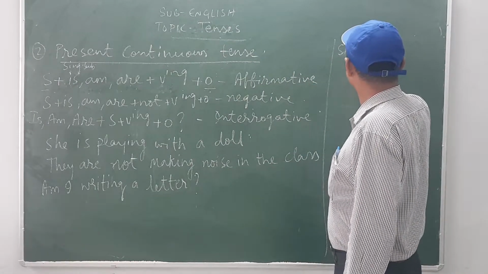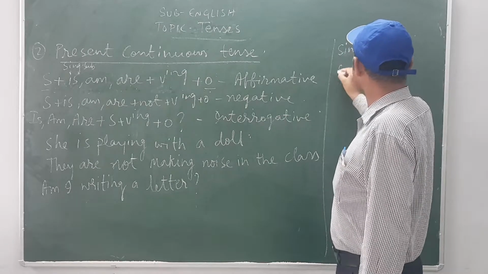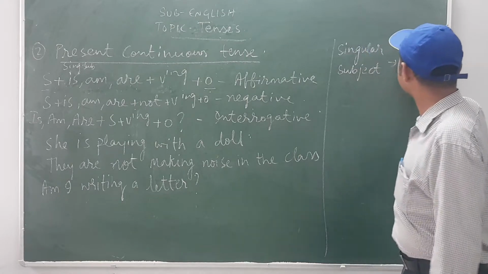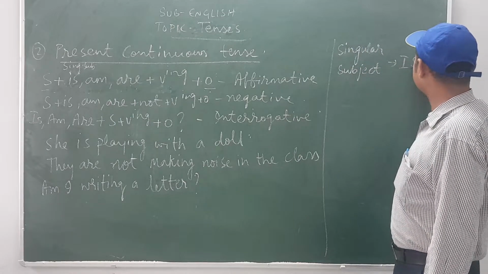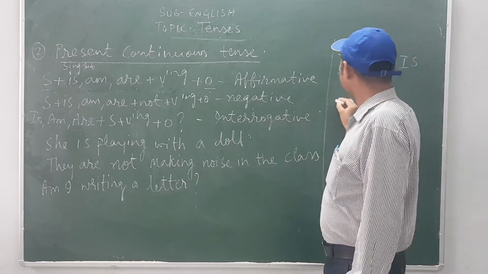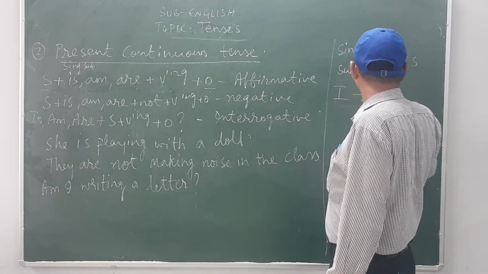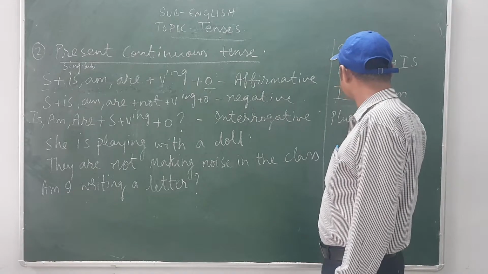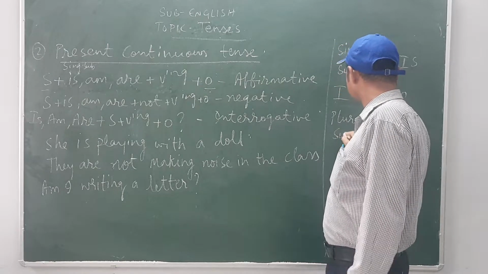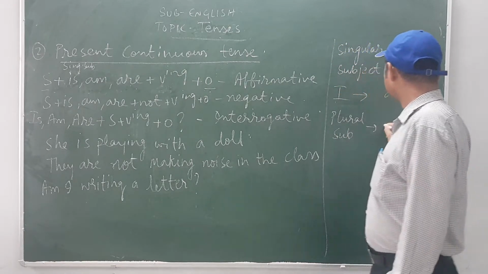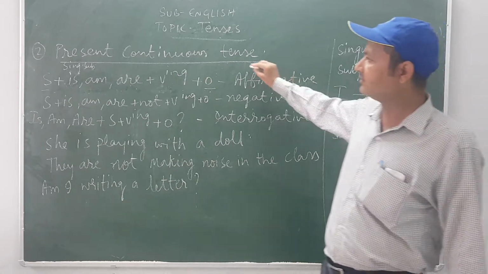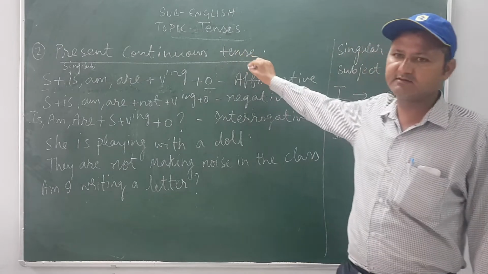Singular subject, helping verb will be is; with I, am; and with plural subject, are. In this way, you are going to form present continuous tense.